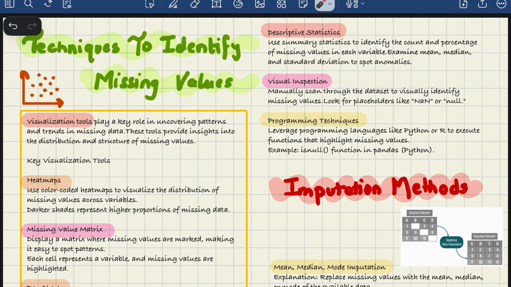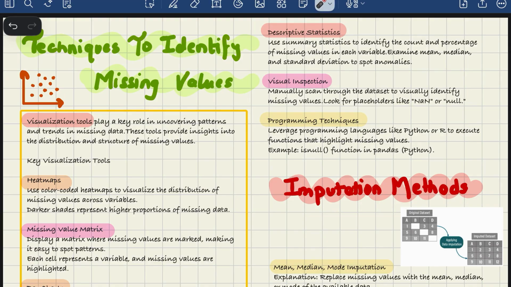So counts, which we do in descriptive statistics, are useful, but visual tools often reveal the patterns that numbers hide, right? So a missing value heat map or matrix display shows every cell in a data set using color. The present values appear in one color while the missing values appear in another.